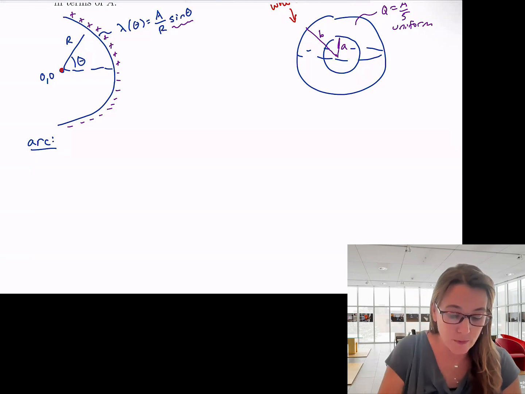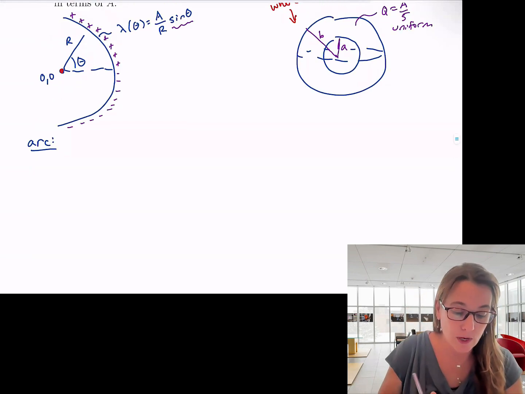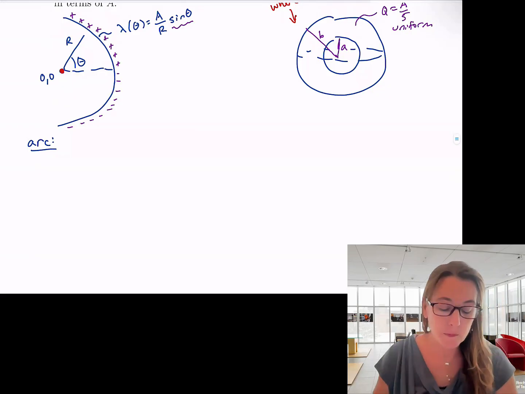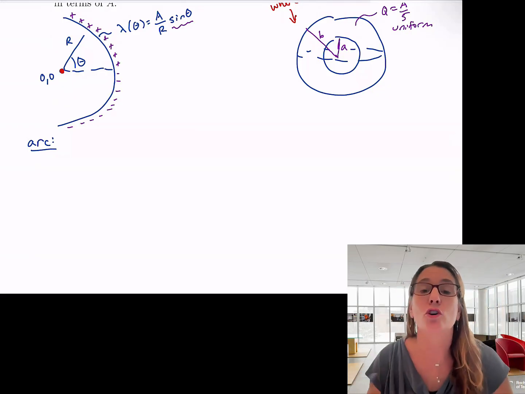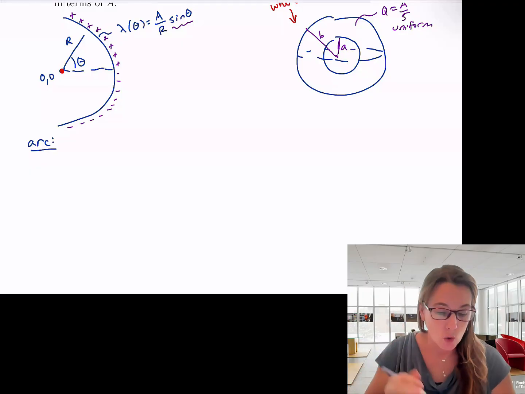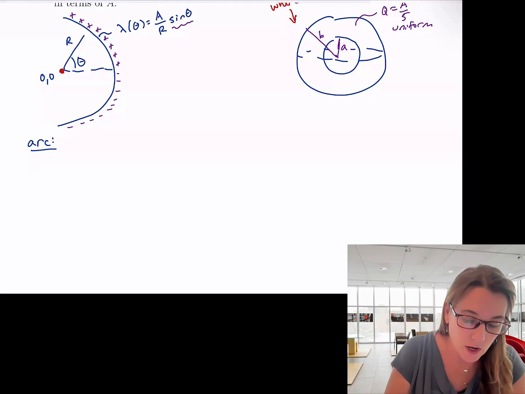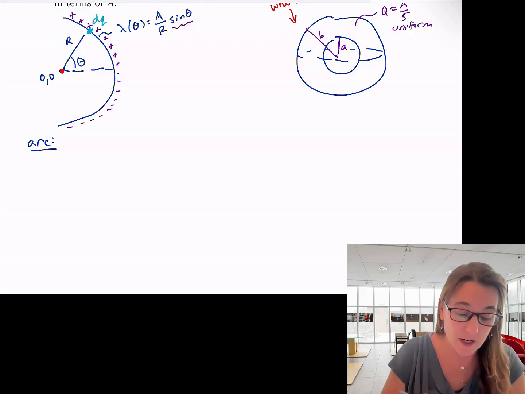We already know the point that we're looking at is the point at the origin. And so we see that the distance from that point to any of these charges is just capital R. We do want to visualize, though, a little dq along this segment.